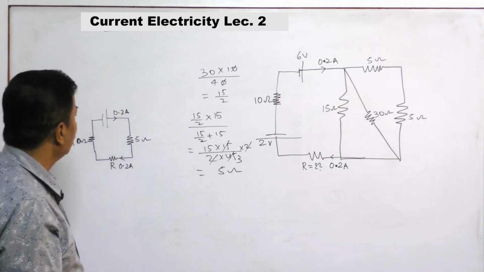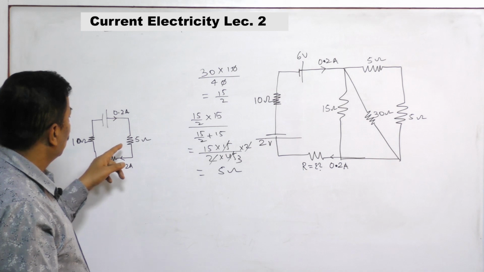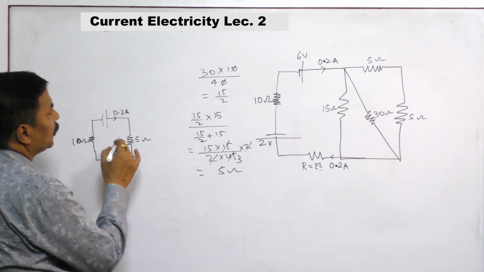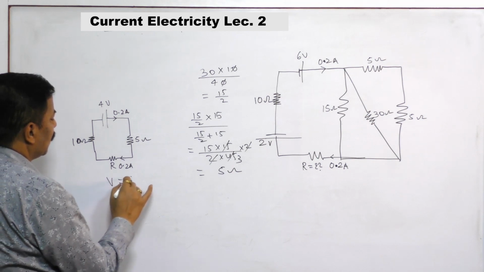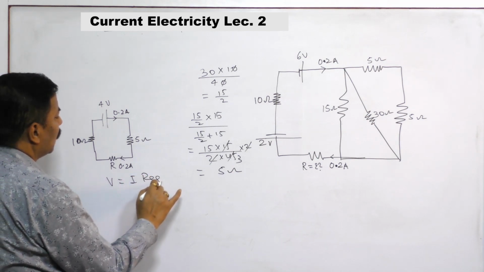So what we are getting? Voltage is 4 volt. So V equals I times R equivalent.